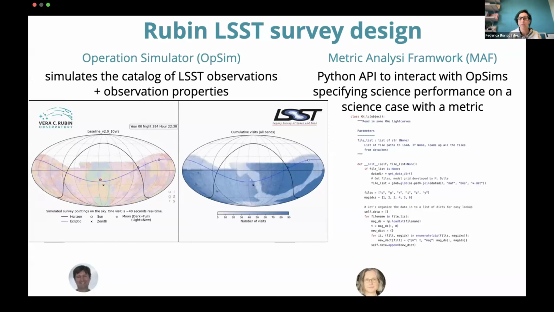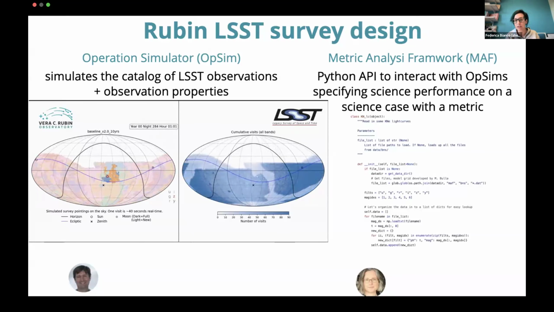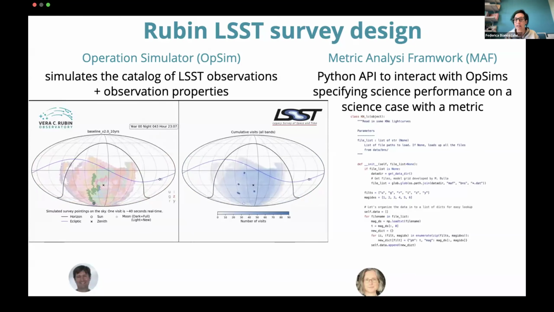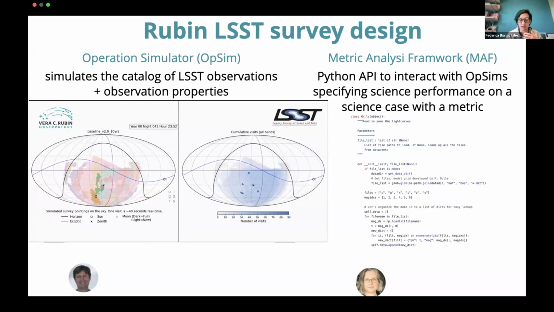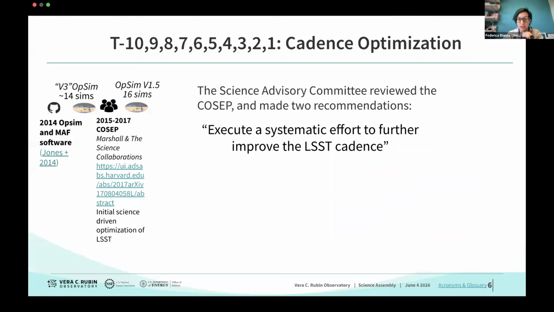If your science depends on measuring variability of stars on certain timescales, you can grab the time gaps between the observations in certain filters and how the observations are distributed, what we call the cadence, and you can measure how well that expected cadence would lead to science throughput for your specific science. So those are the tools that were built to engage the community in this process.